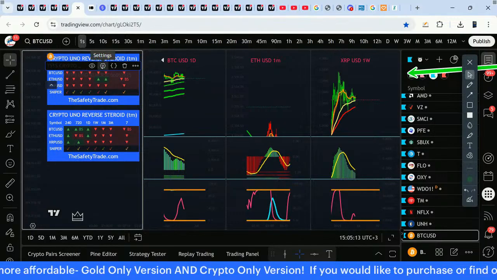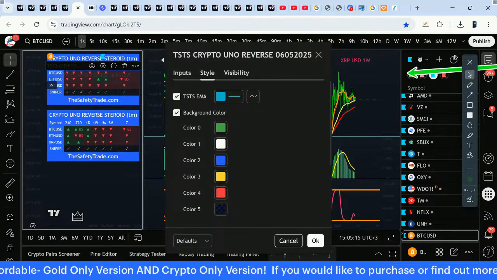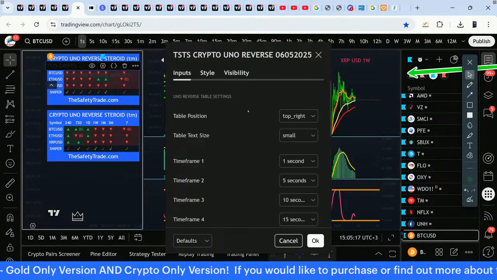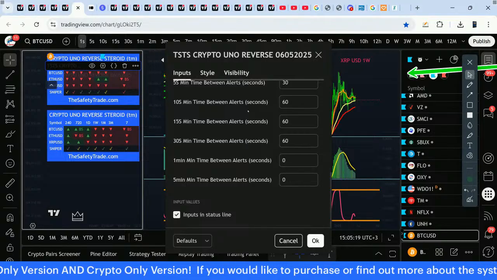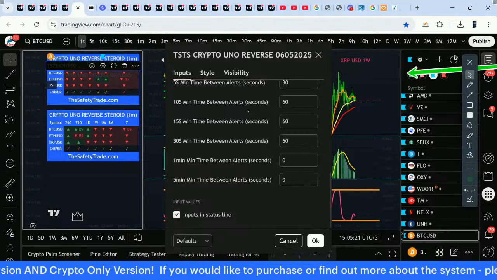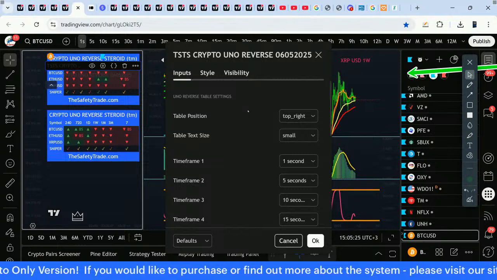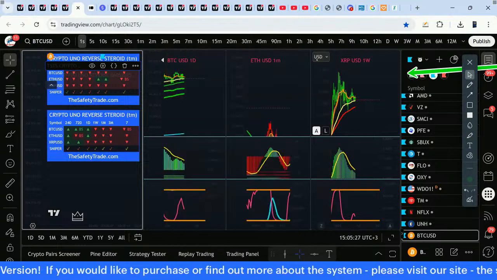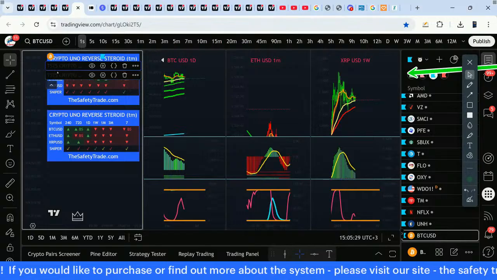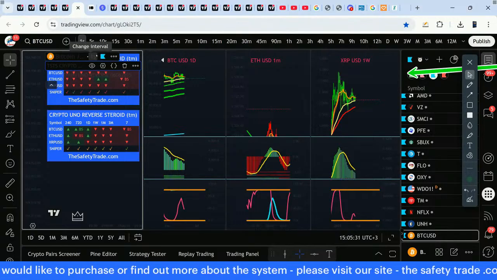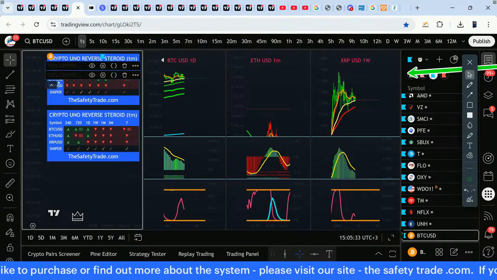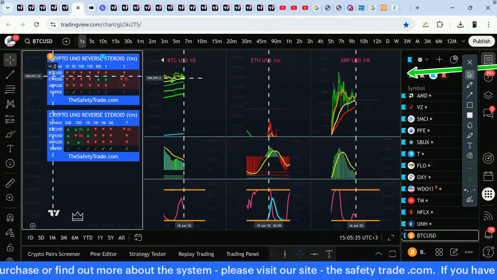Keith's dying. Where? Oh my God. Hold on. Test crypto Uno reverse. Why do I have the wrong Uno reverse? It's supposed to be Kevin. Oh, do I have two of them on here? Shoot.